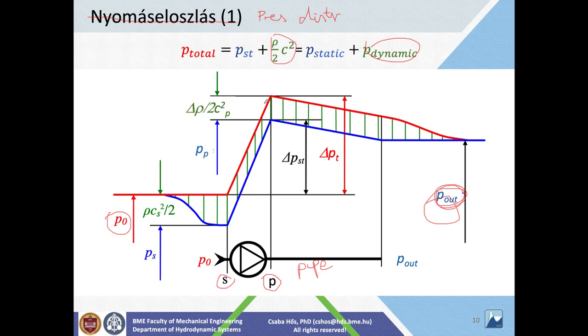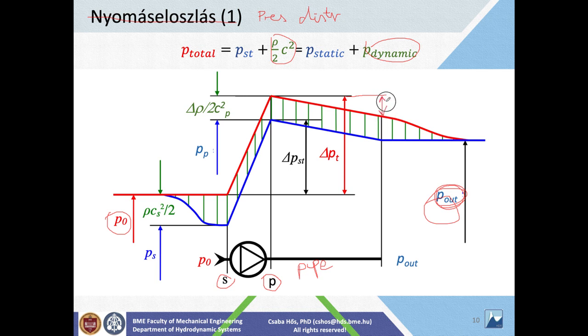Then we increase the energy, we increase the total pressure by the machine, and at the pressure side you have this total pressure again. The difference between the total pressure and the static pressure is the dynamic pressure. Then in the pipeline you'll have losses. If you have losses, then the total pressure decreases. Okay, and this is your total pressure loss.